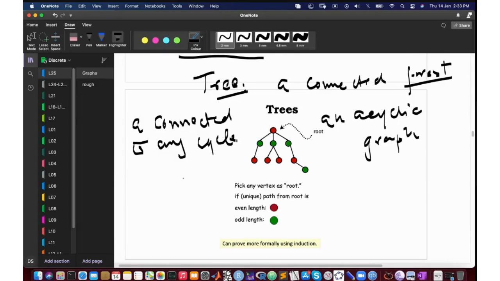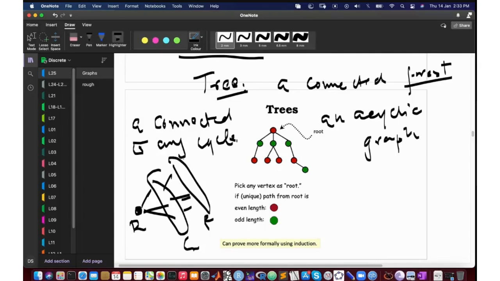So how many colors do you need for a tree? 2. Yes, 2 is enough, and it's not that hard to see. You start with an arbitrary vertex, color it red, color all its neighbors green. Now color all their neighbors red, and then you repeat.